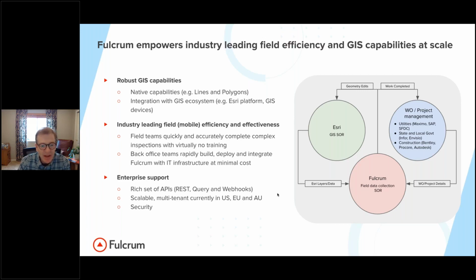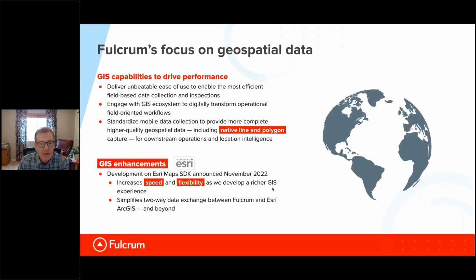So going to dive a little bit deeper for a few minutes into the robust GIS capabilities and the field efficiency areas. For the focus on the geospatial data, really our objective is to deliver unbeatable ease of use for robust, rich GIS capabilities.